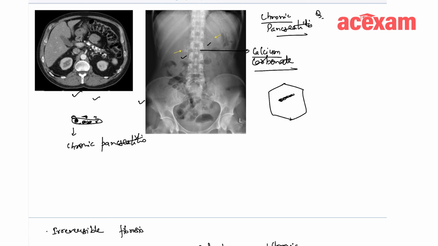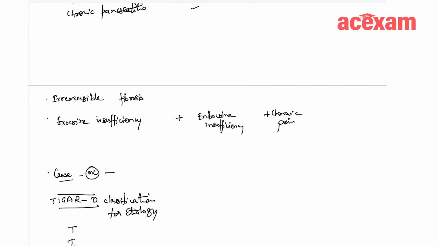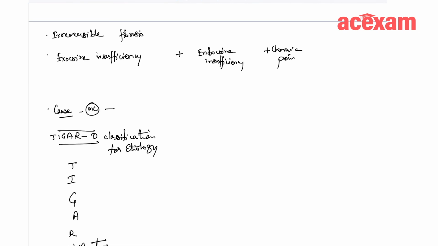The pacemaker of pain is the head of the pancreas. That is why resection of the head of the pancreas as well as drainage of the pancreatic duct is the preferred procedure. That is Frey's procedure, which is the preferred procedure in chronic pancreatitis. Okay, this is the basic idea regarding chronic pancreatitis. Now, I will discuss it in detail.